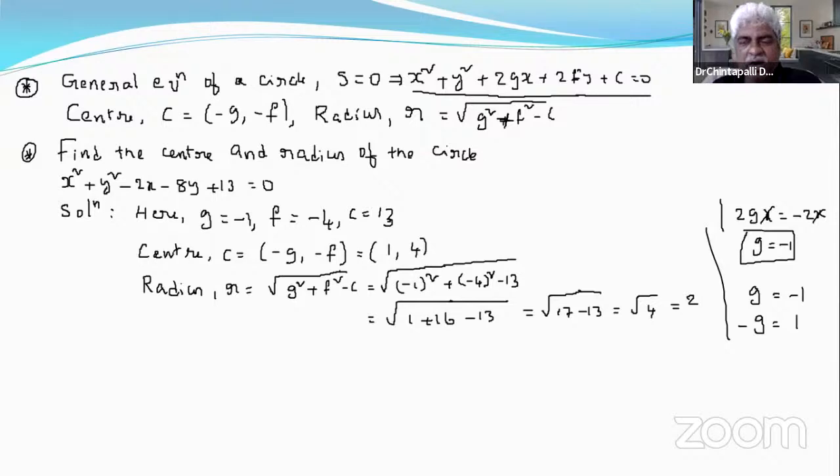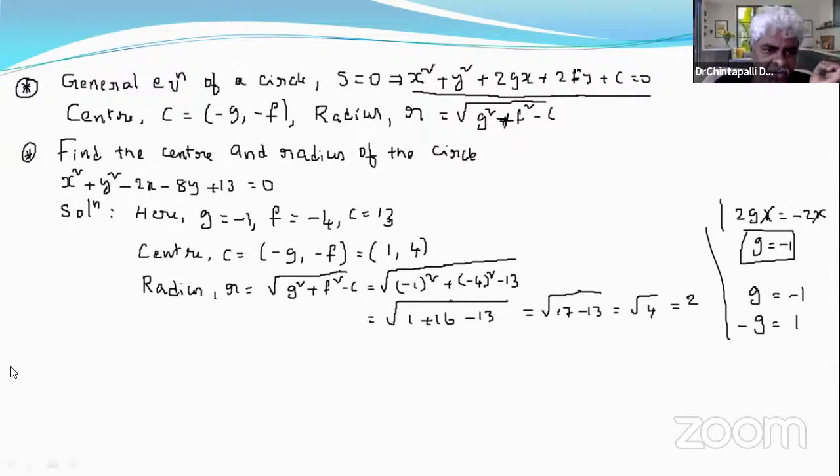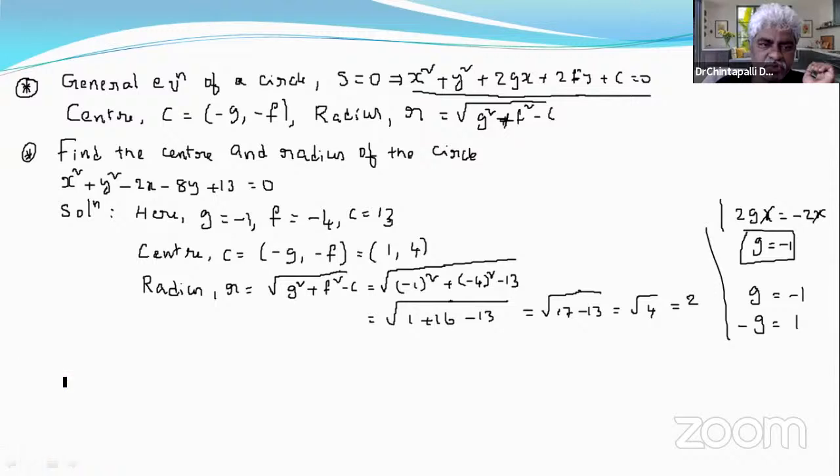So g is half of -2, that is -1. What is the y coefficient? Y coefficient is -8. Half of it is -4. So let me repeat. G is half of the x coefficient. F is half of the y coefficient.